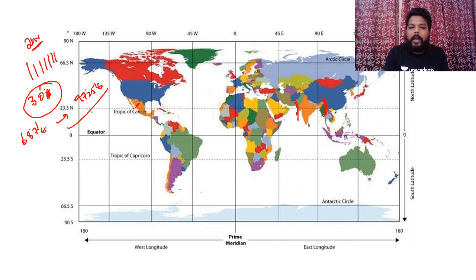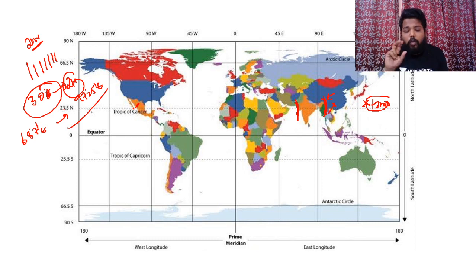It simply means that if Arunachal Pradesh is experiencing the sun rays at a particular time X, Gujarat will experience the same sun rays at X plus 2 hours. So Arunachal Pradesh would experience the sun rays 2 hours before Gujarat, and Gujarat would experience them 2 hours after Arunachal Pradesh has received them.